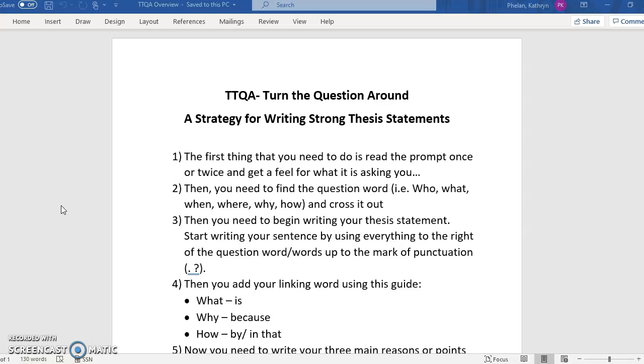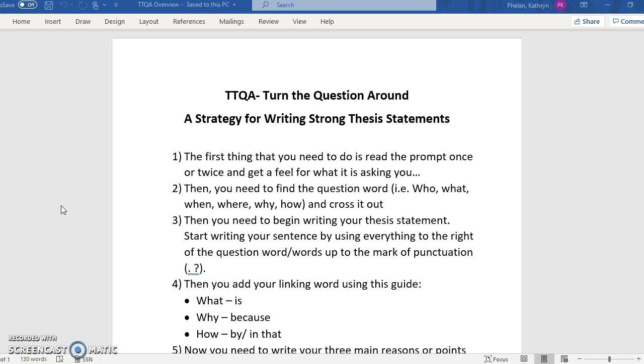Whatever the words are to the right of your question word, you're going to use those to begin your sentence. And you're going to use a linking phrase that is going to help you link your rephrased question that you kind of flip around to your reasoning or your thoughts.